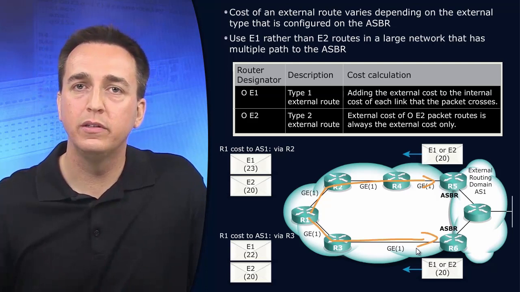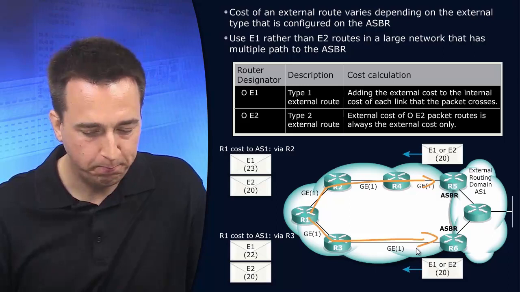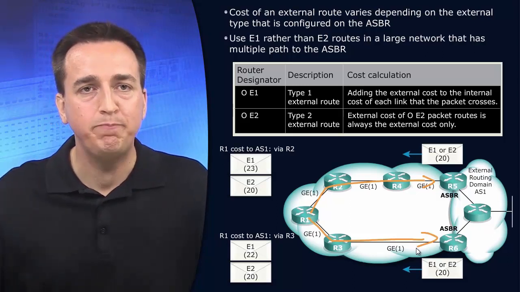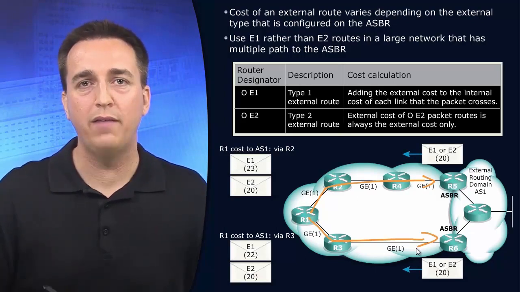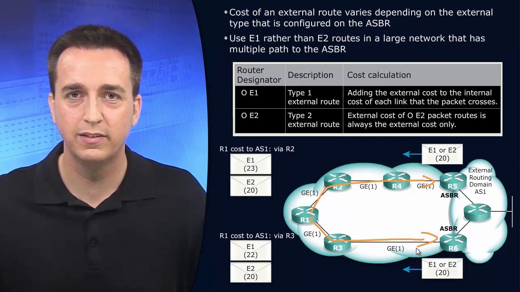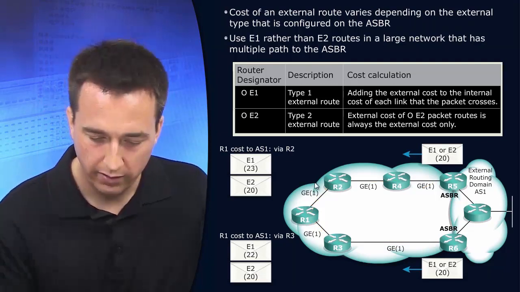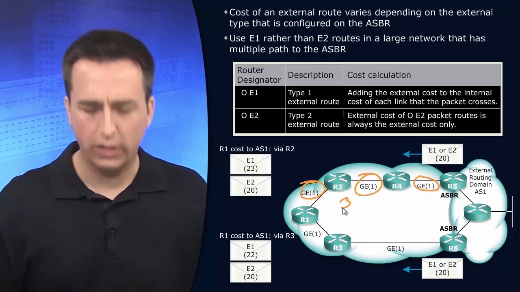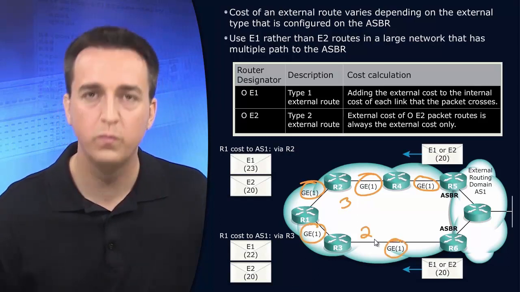Here's what happens when we're using E2 and the cost is the exact same. In this case, it's 20. Since the cost is the exact same, R1 now looks at the cost to reach the autonomous system boundary routers. What is the cost to reach the autonomous system boundary router of R5? 1, 2, 3. It's 3. What's the cost to reach the autonomous system boundary router of R6? 2.